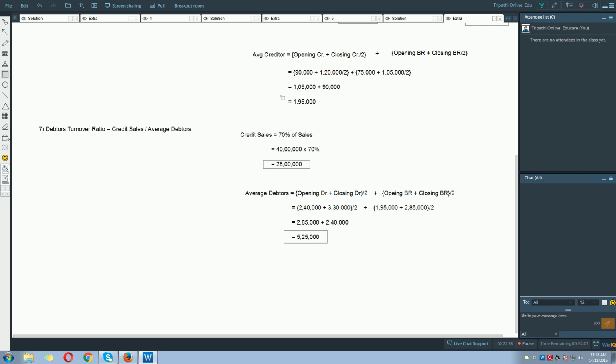Now let us calculate average debtors. Average debtors is equal to opening debtors plus closing debtors divided by 2 plus opening bills receivable plus closing bills receivable divided by 2.